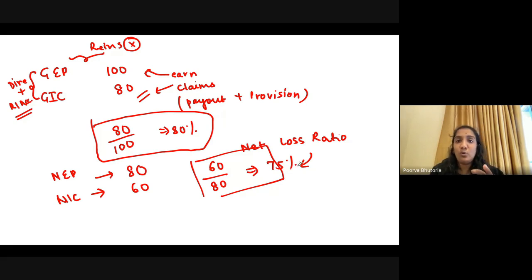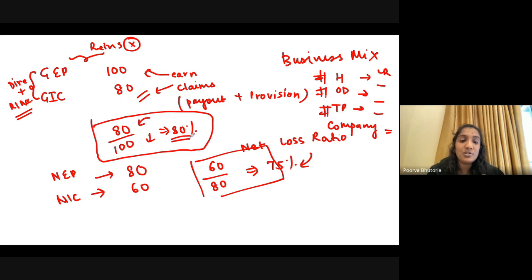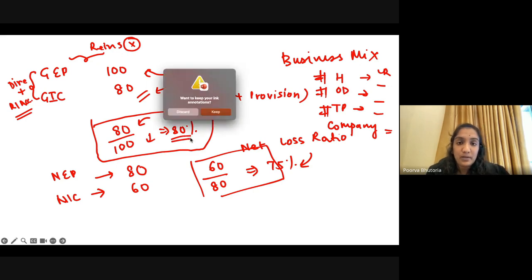And when you find out the business mix and identify the top 3 lines of business, first is health, second is OD, third is TP, what are the loss ratios for these 3 lines at least, and at the company level? When you earn 100, you pay away 80 in the form of claims. So your loss ratio is 80%.